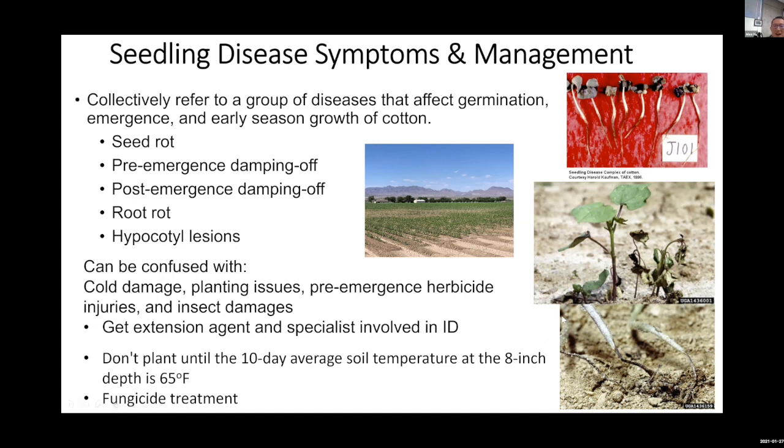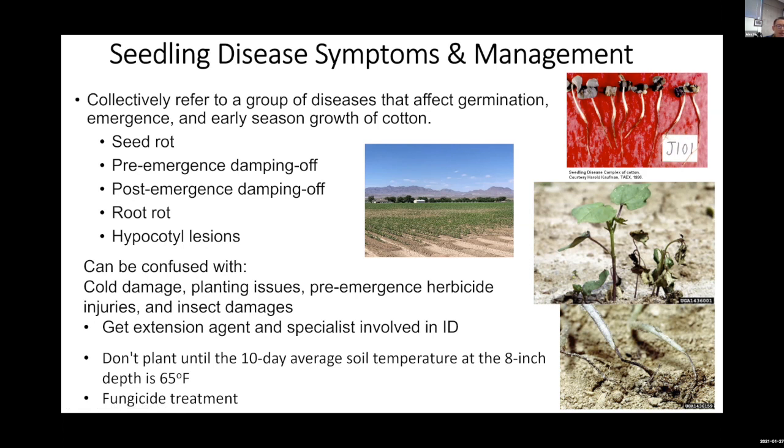If you have a seedling disease issue, you really have to get our extension agent or a specialist like me, a plant pathologist, involved in order to figure out what pathogen really caused the problem. As a general rule of thumb, you don't plant your seed until you have a 10-day average soil temperature at 8-inch depth of around 65 Fahrenheit.